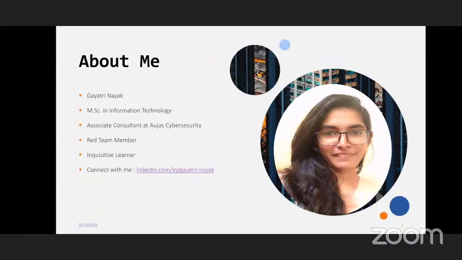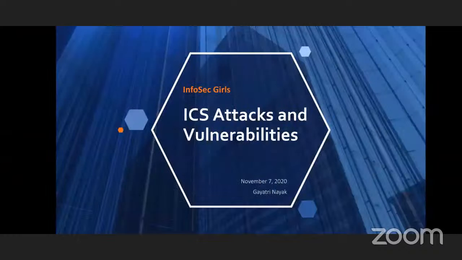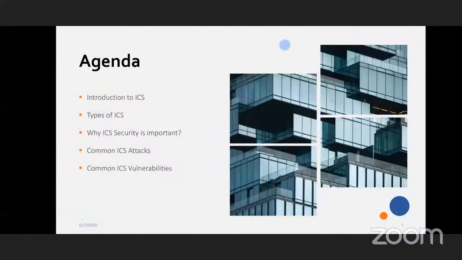So let's begin with today's session. It is about ICS attacks and vulnerabilities. Today's agenda will be to cover an introduction about ICS, different types of ICS, and why we need ICS security. Later I will cover some common ICS attacks.